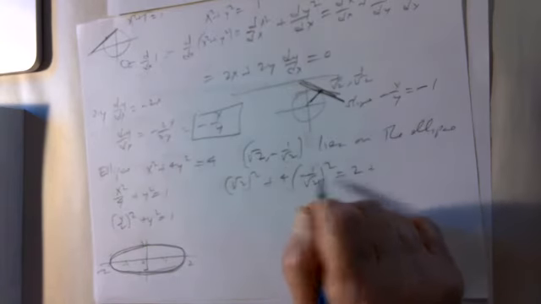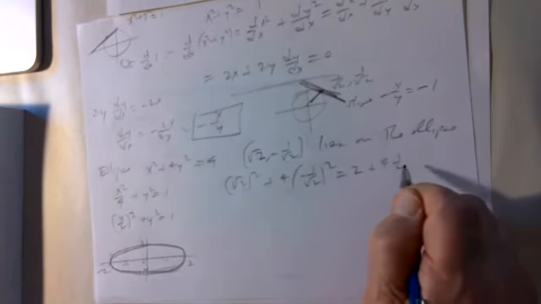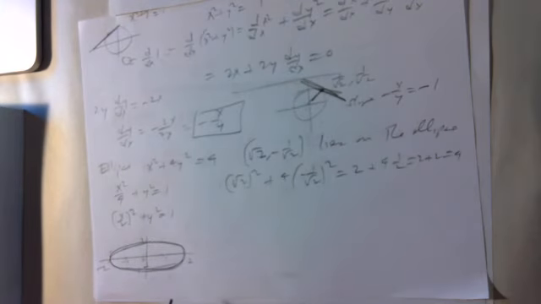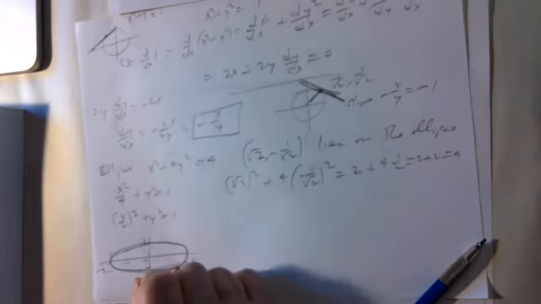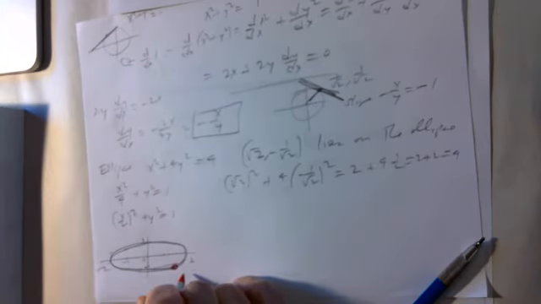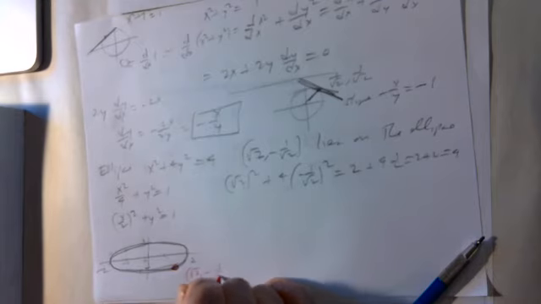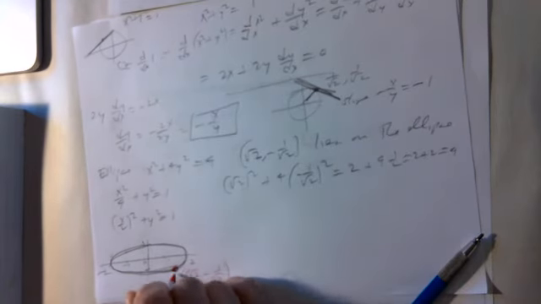When you square minus 1 over root 2, you get a half. So this is 2 plus 2, so this is 4. So right here, on this ellipse, is the point square root of 2, minus 1 over the square root of 2.